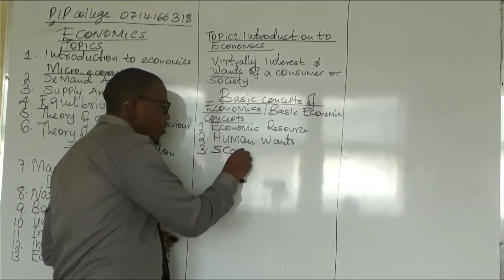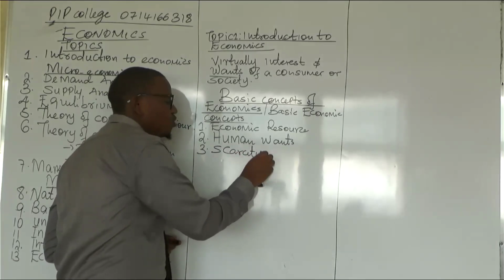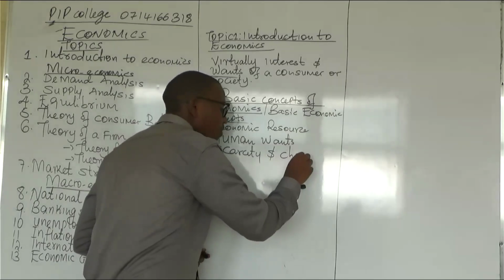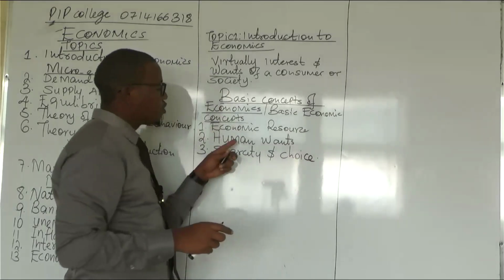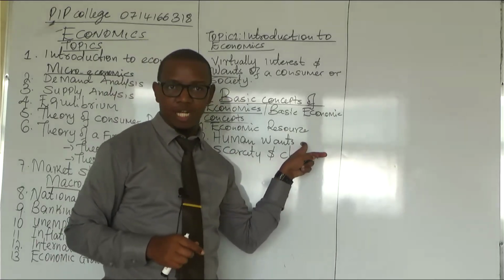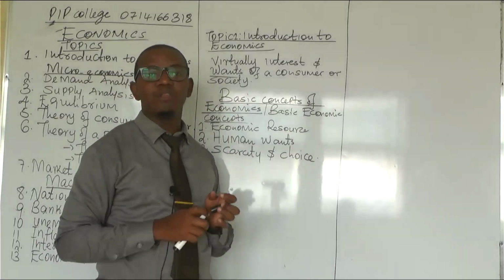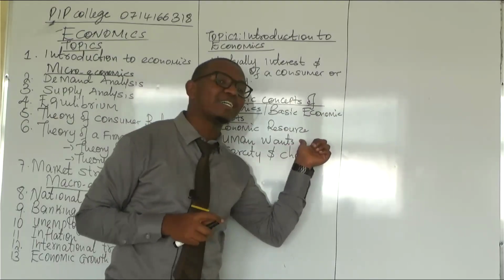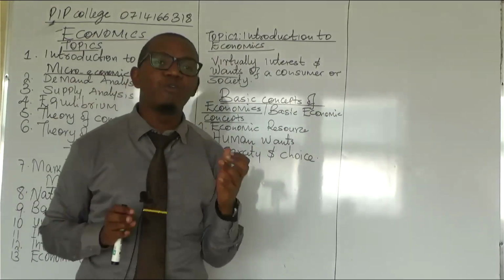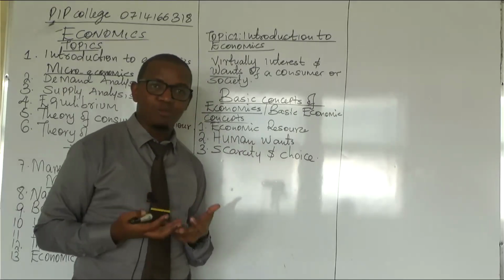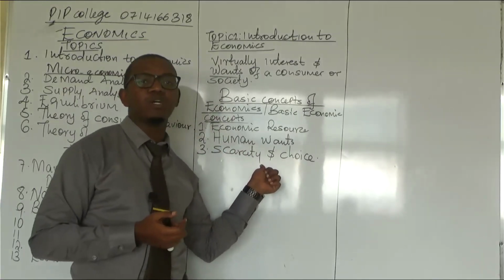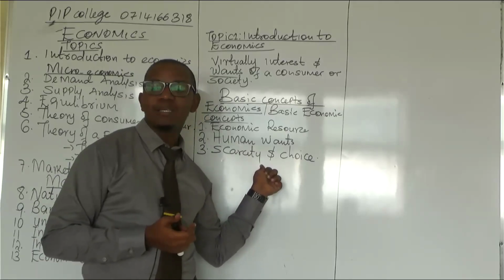The human wants will give rise to what we call scarcity and a choice. As I've said here, the human wants are assumed to be limitless and also unsatisfiable. Meaning that if they are unsatisfiable, it means that they are not enough, which will give rise to scarcity.